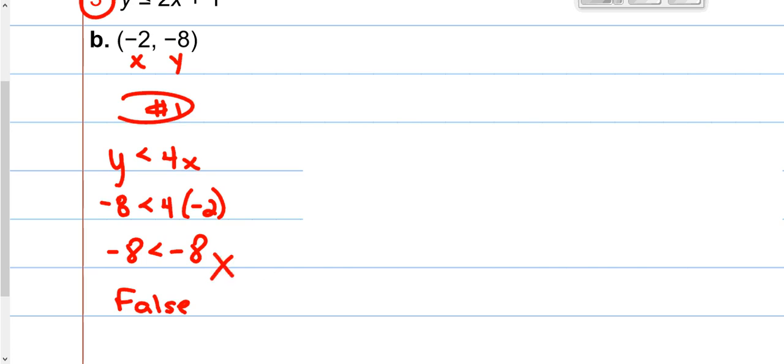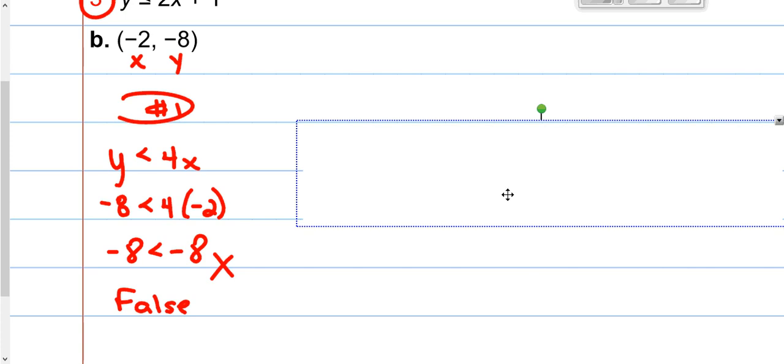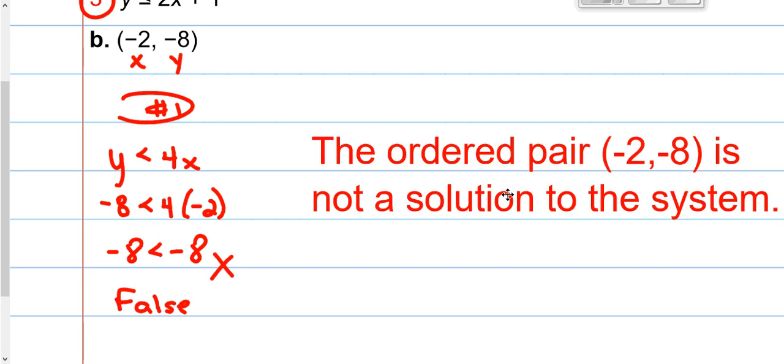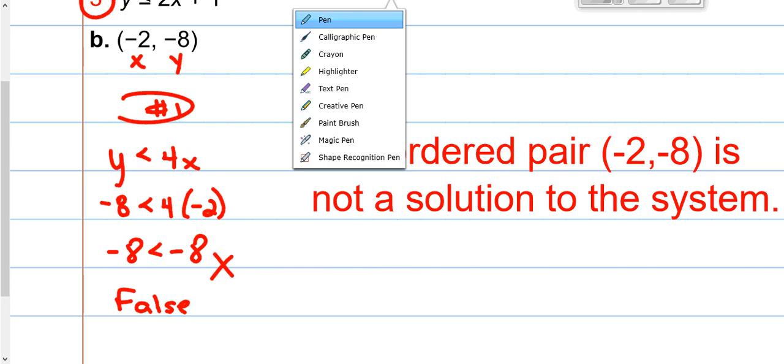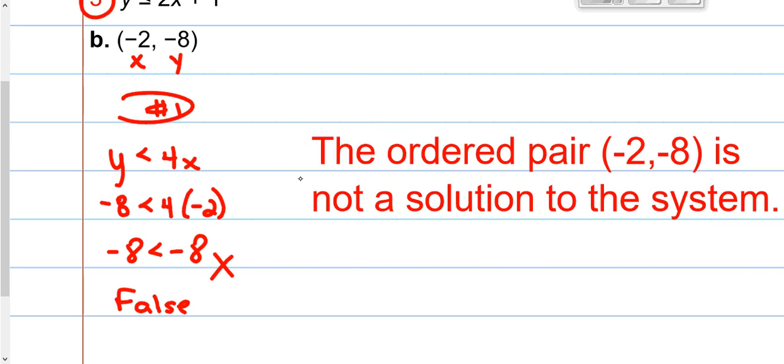That does not work. Since that does not work, our answer here is that the ordered pair, negative 2, negative 8, is not a solution to the system. Make sure that you underline not whenever you write that so that there's a little emphasis there.